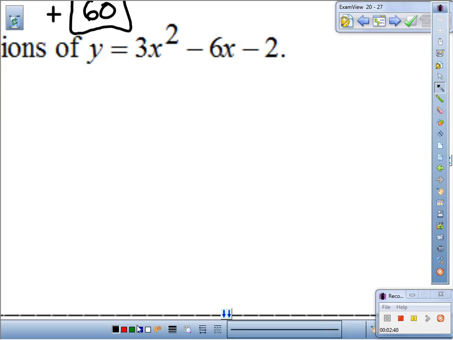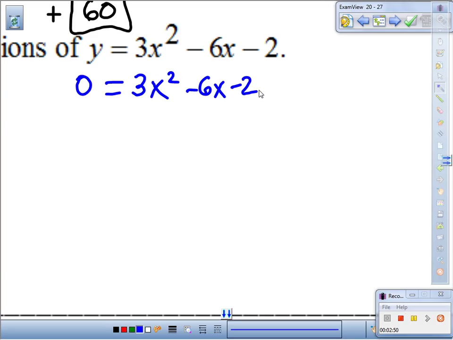First step in any quadratic equation is to what? Set it in standard form equal to what? So this is 0 equals 3x squared minus 6x minus 2. From there, check and see if it has a GCF. Is there a GCF other than 1? No. Therefore, Power Rangers.